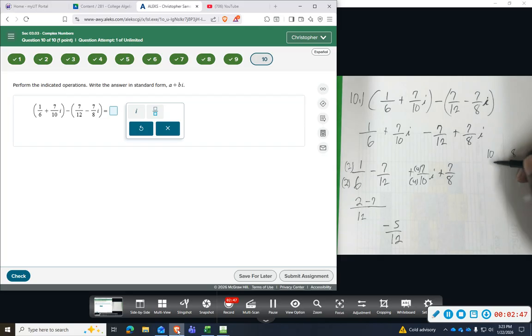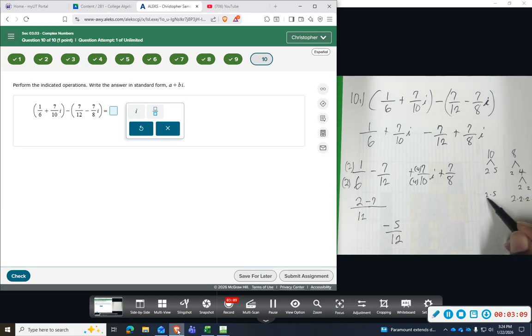Now if you can't figure that out, what you can do is break it down into prime factorization. 10 is 2 and 5. 8 would be 2 times 4, and then you can break that down to 2 times 2, so the prime factorization is 2 times 2 times 2, and this one is 2 times 5. So you want to make both of these equal without removing something. This one has a 2 and a 5.